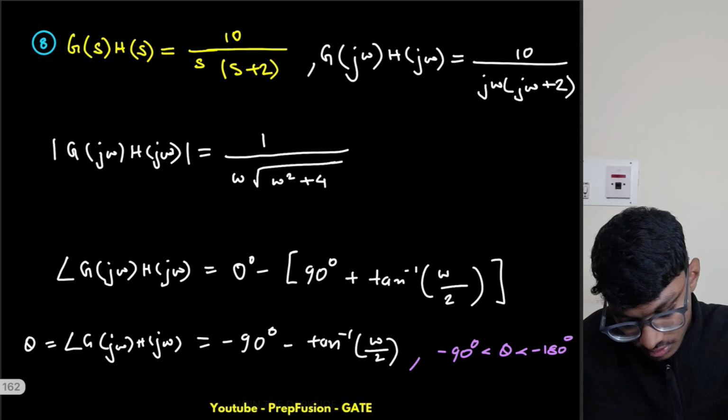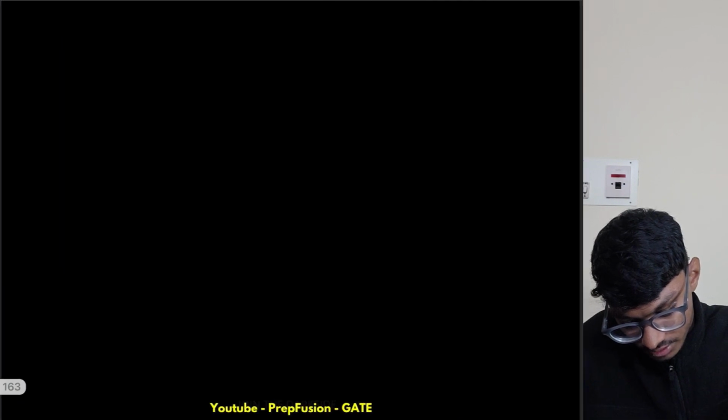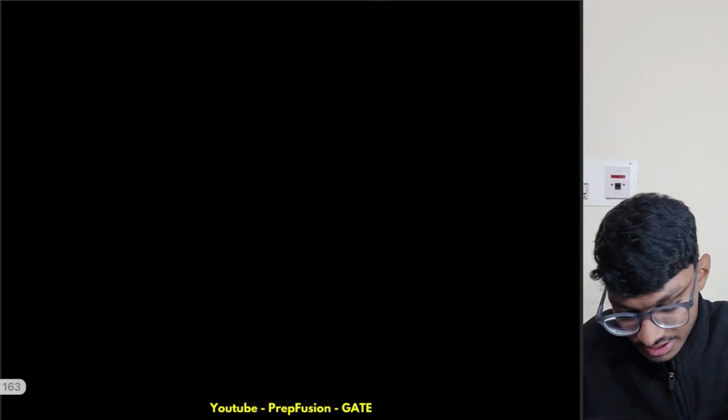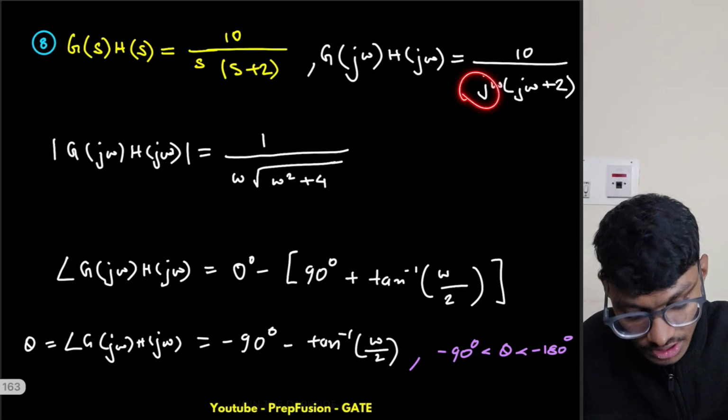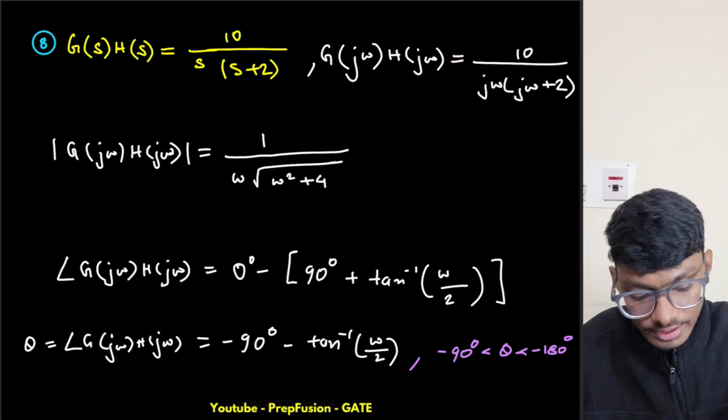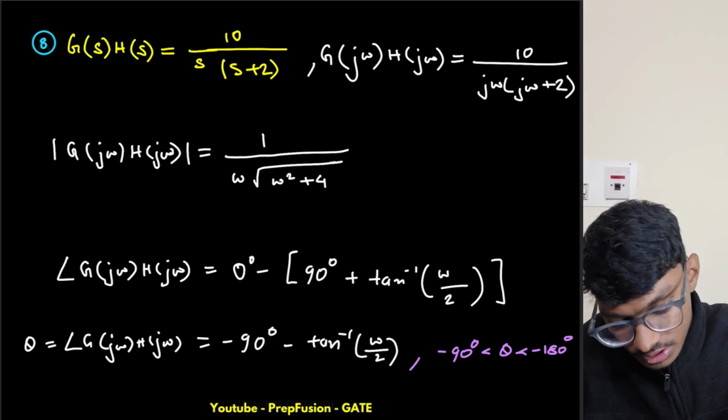So I will try to find the real part. First I will break this down. I will do the rationalization, and I will take this j in the numerator. If I multiply by j on both numerator and denominator, I get minus j over here, so this will become minus 1.